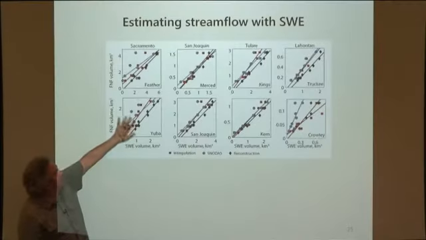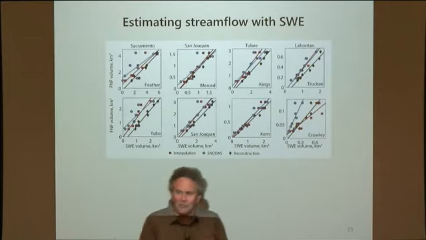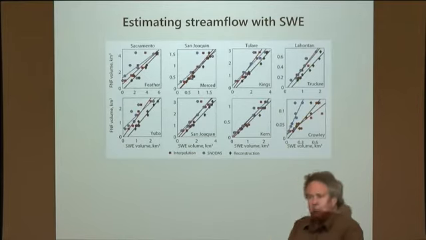So the problem with the other two methods is that in some of the basins, they're actually having less volume of water in the snowpack than is coming out in the stream. And that's physically not possible, right?